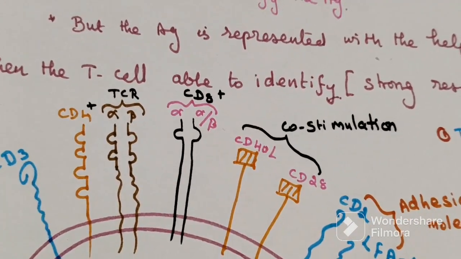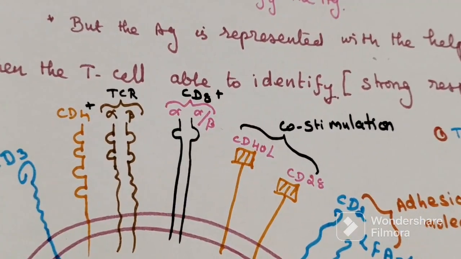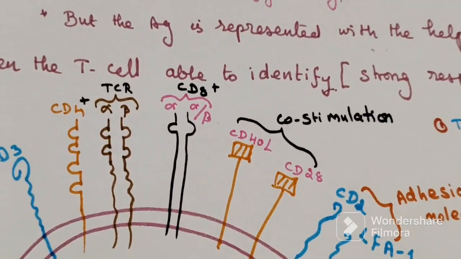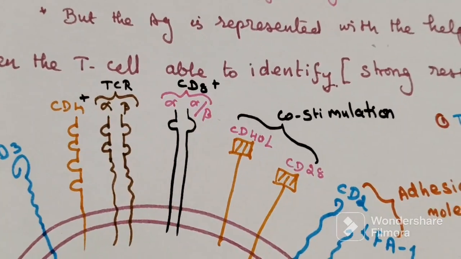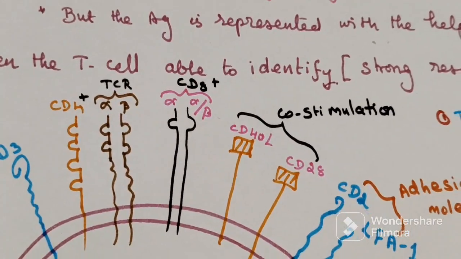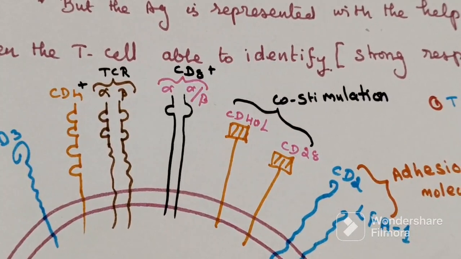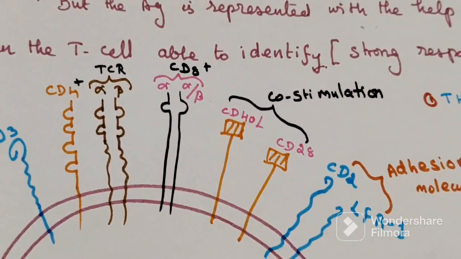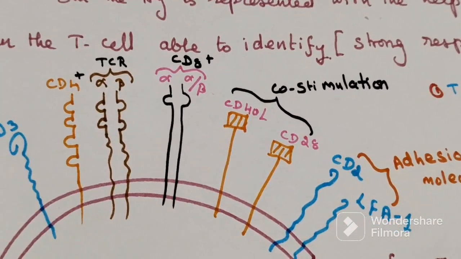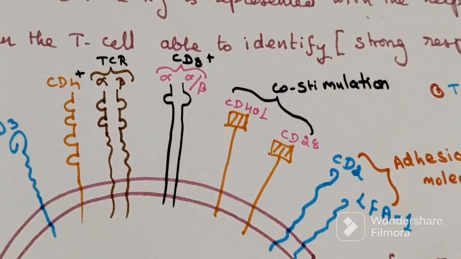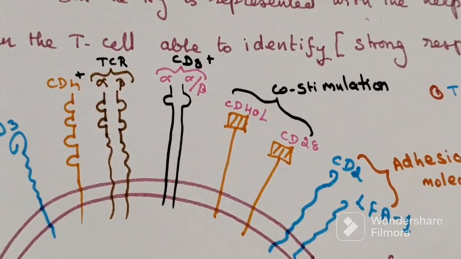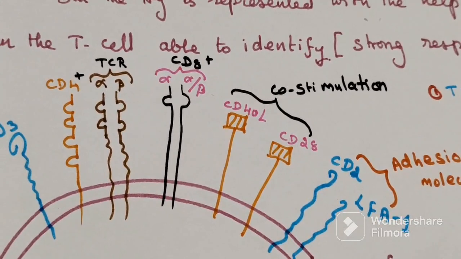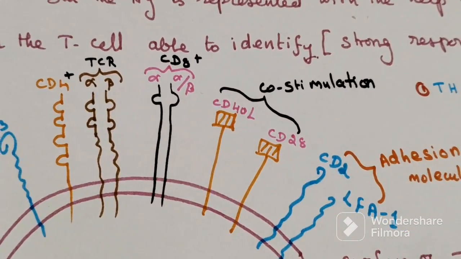Next, some other molecules are also there which help in co-stimulation. If there is an interaction between two immune cells, those molecules help in a strong immune response between those two cells.